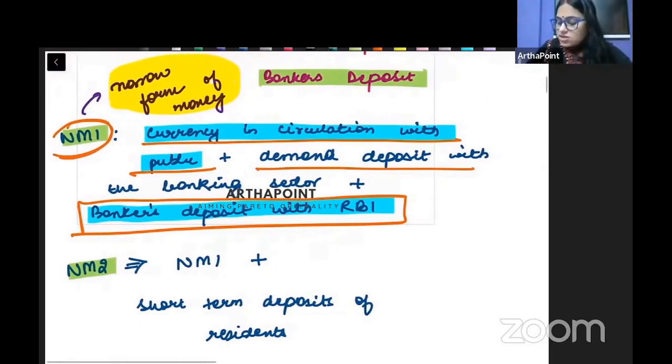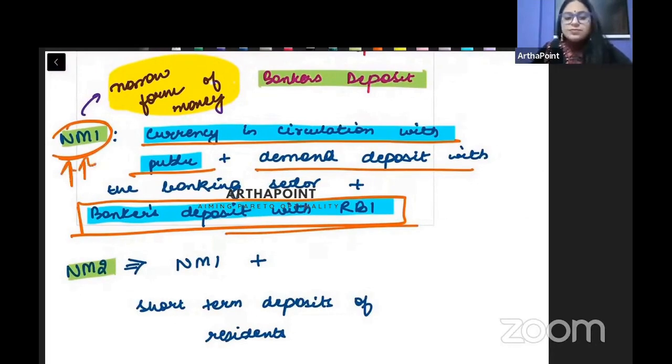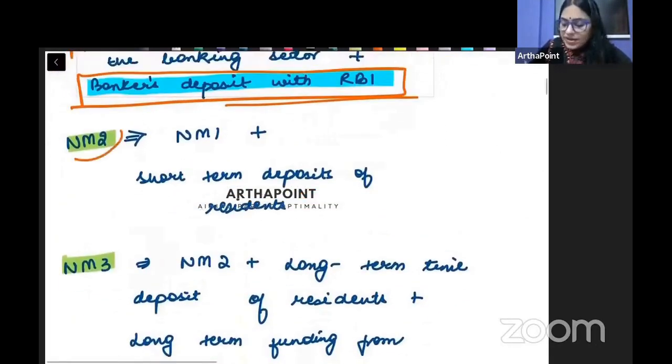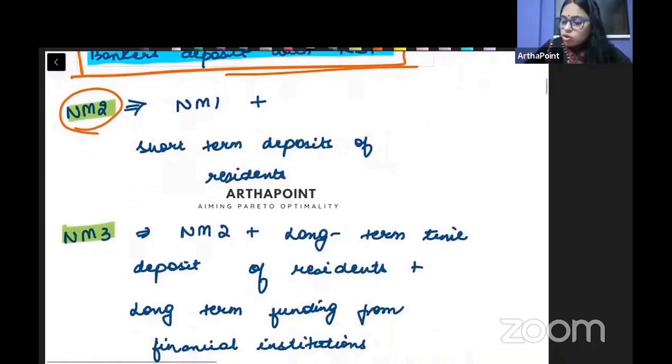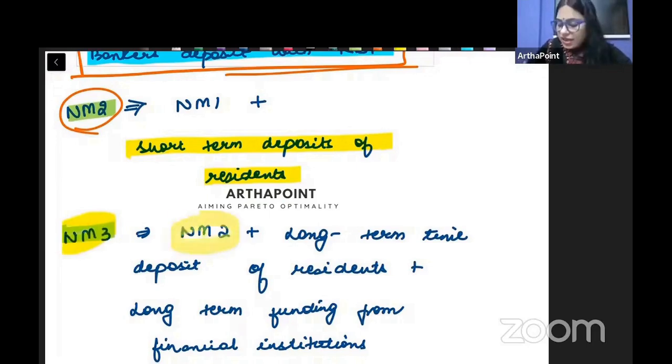So demand deposit and bankers deposit with RBI. This became NM1. NM2, beta, is all components of NM1, but it also includes short-term deposits of the residents. And NM3 is everything in NM2, but long-term deposits of the residents and long-term funding from the financial institutions. Clear ho gayi ye baat ekdam?